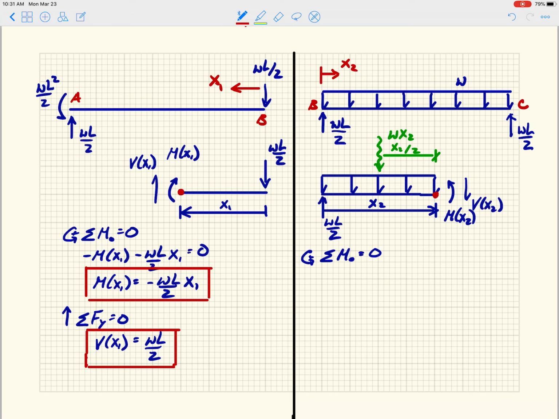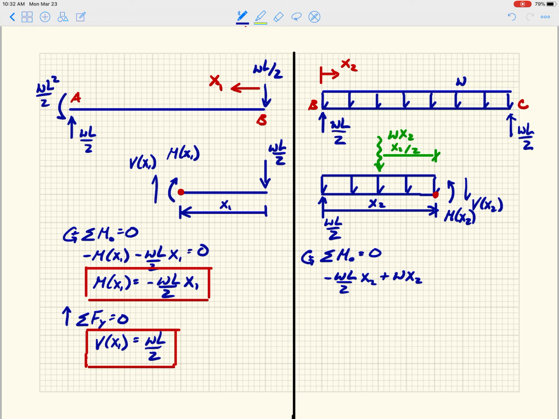So again, the cut is here, and when we do that, we get a minus WL over 2 times x1. So that's the moment caused by the WL over 2 at the left-hand side. We get a positive WX2. I'm sorry, this should be x2. We get a WX2.